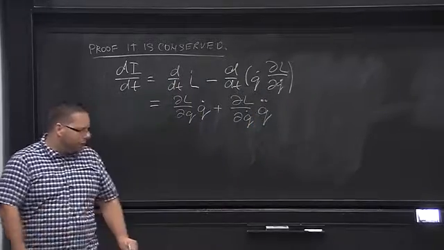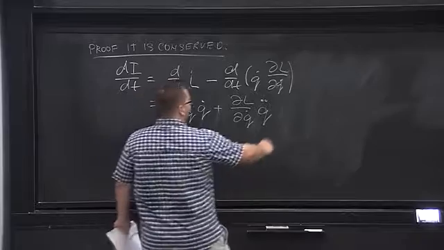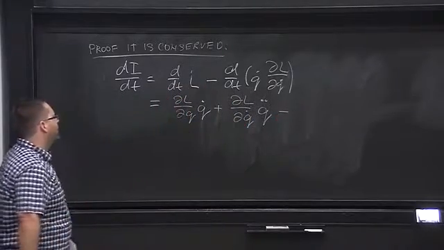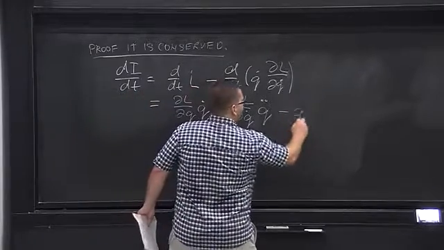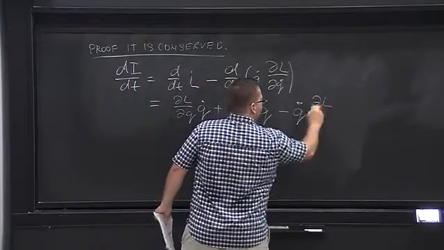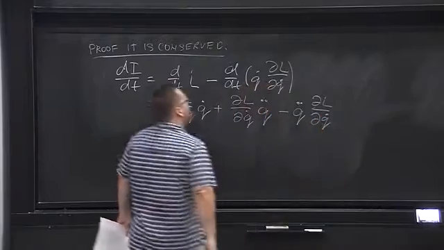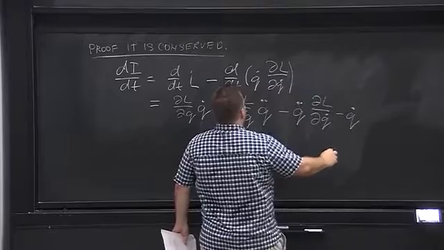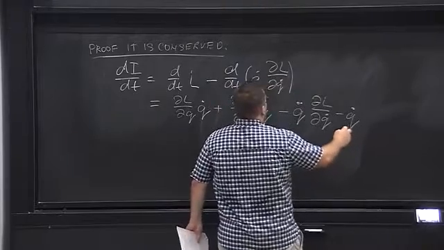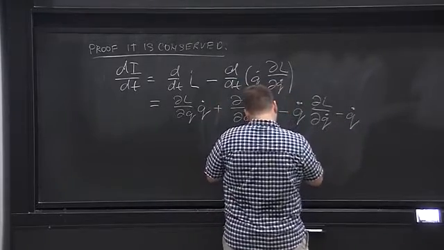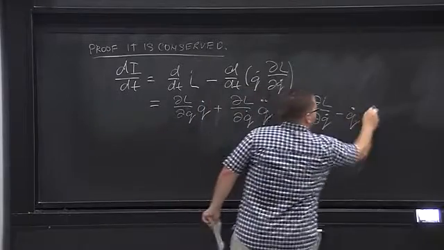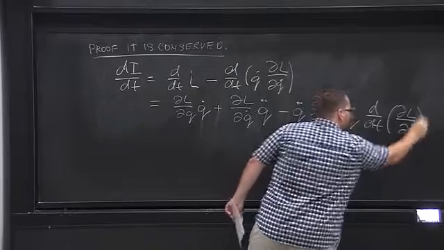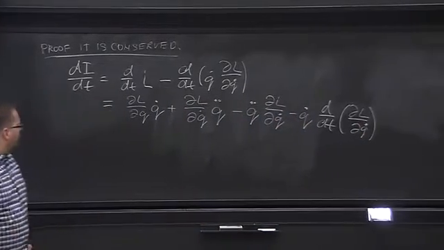So that's dL over dt, and then minus. Now I have to use the Leibniz rule. I have a product of two things, so it's minus q double dot ∂L/∂q dot, and the second term is minus q dot d over dt of ∂L/∂q dot. All right, so that's that.